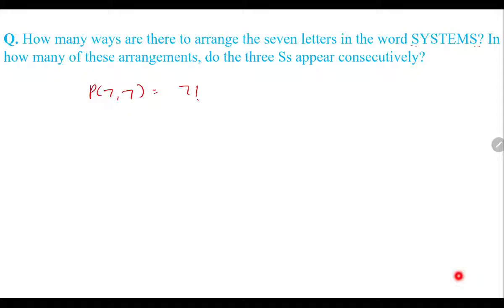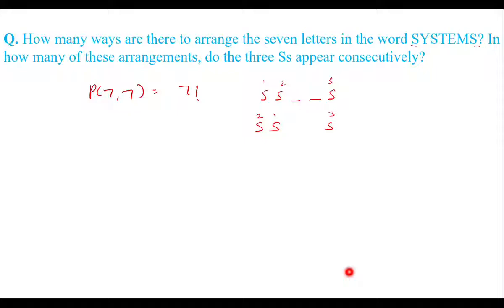If they are not distinct, then you can see that this is the first S, this is the second S, this is the third S, and this is the second S, first S and third S, and so on. All these arrangements would be the same because these 3 letters are the same. For the other 4 it's fine.